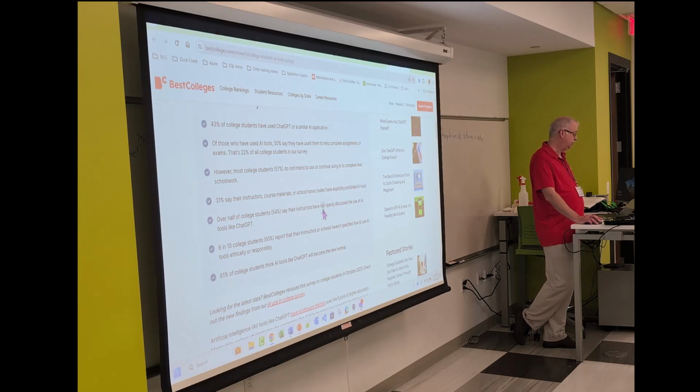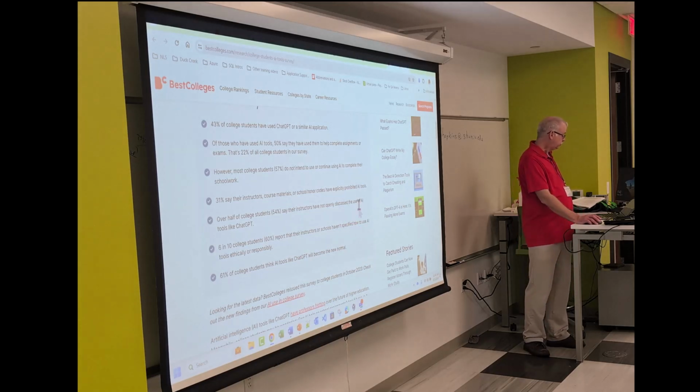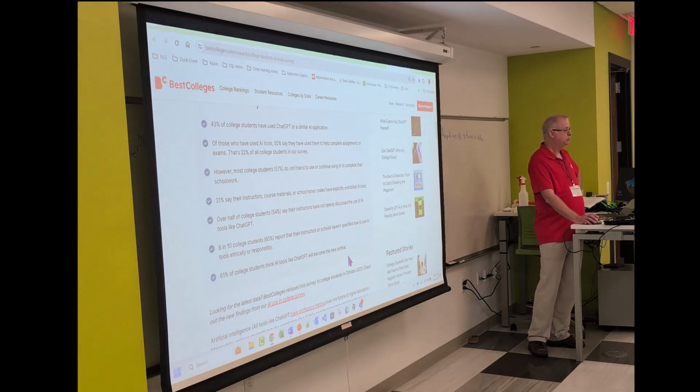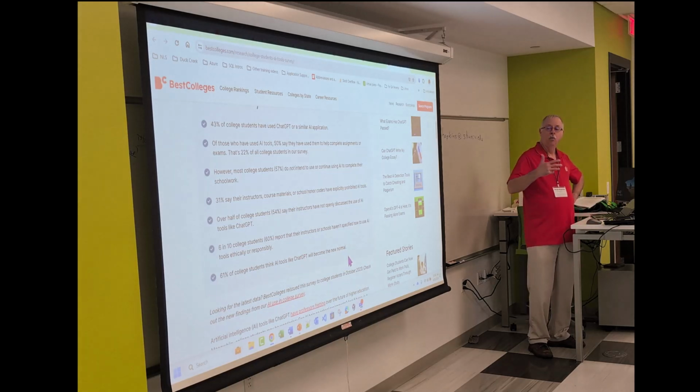Half say students and instructors haven't openly discussed the use of AI. 60% haven't specified how to use it ethically and responsibly. But 60% think it'll become the new normal. So it's out there. We're going to have to learn how to use it and help guide students in how to use it appropriately.